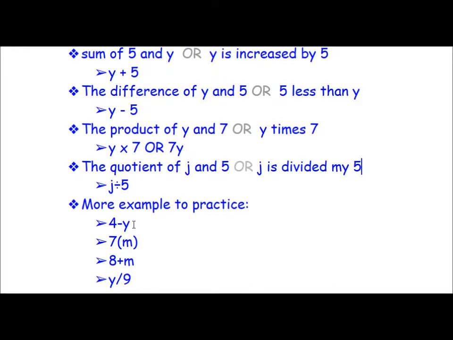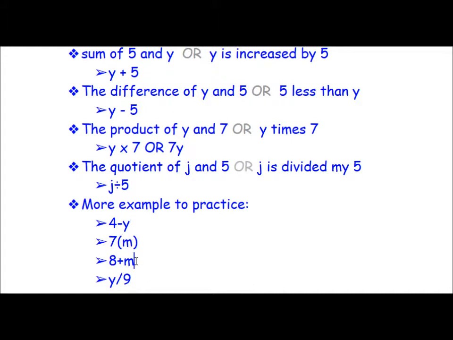More examples to practice. You can practice it by yourself. 4 minus y means the difference of 4 and y, or y less than 4. For this one, we can say the product of 7 and m, or 7 times m, or m times 7.